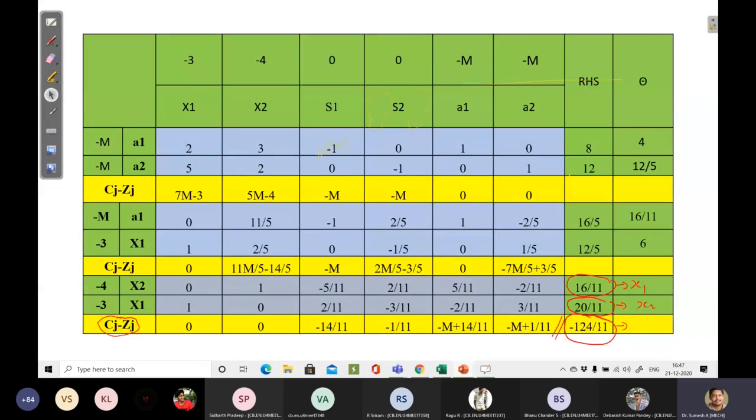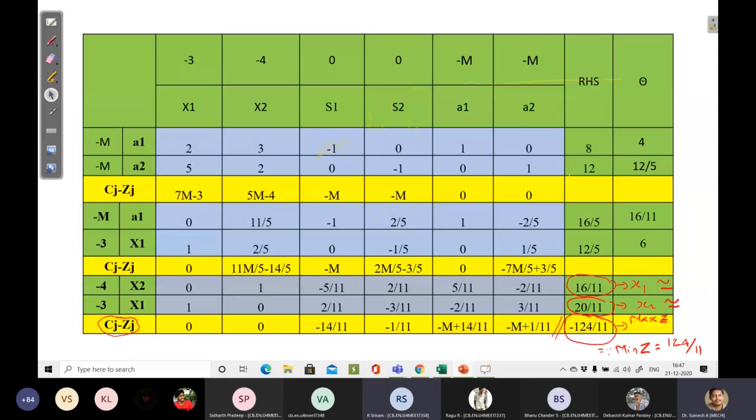It is maximum Z. Therefore, minimum Z equals plus 124 by 11. This will come as some fraction. You can approximately convert it into the next complete integer.